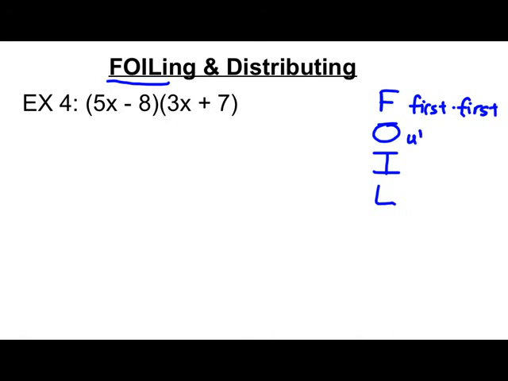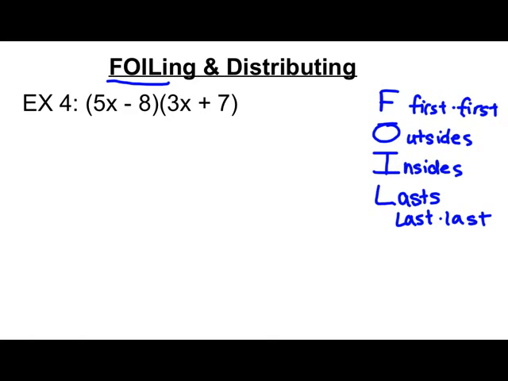Then we multiply the outside numbers. Then we multiply the insides, or the inside numbers. And then we do the last, so last times your last. First, outers, inners, last. That's kind of how I do this.